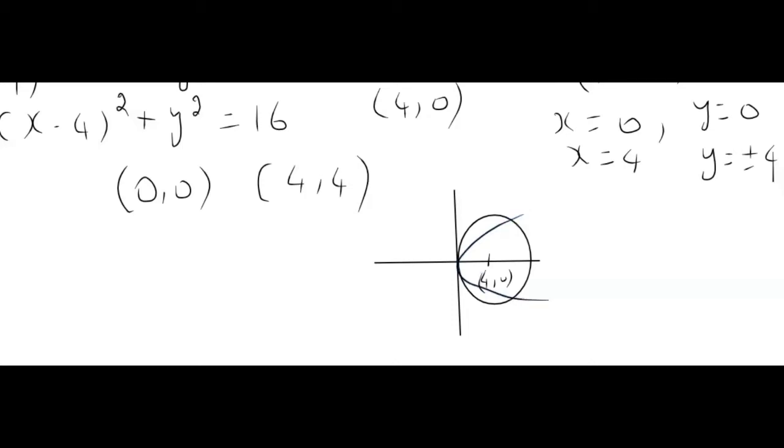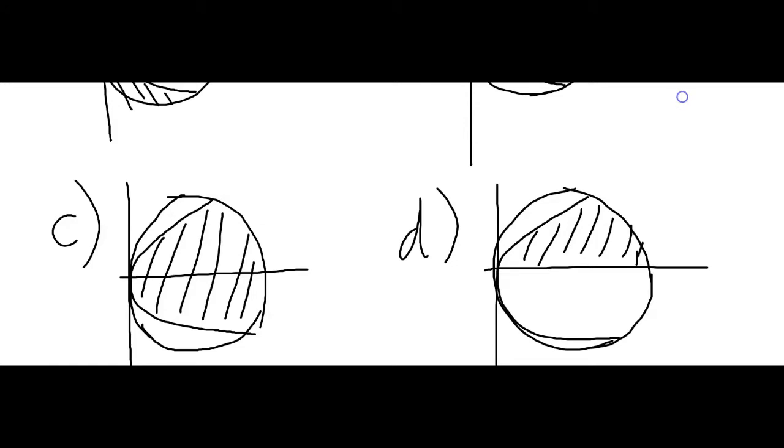This point is going to be (4, 4). The point of intersection of the parabola and the circle is (4, 4). And the radius, obviously, this is going to be 8x, so this point is going to be (8, 0). And this is the origin (0, 0). Let us look into the question again.